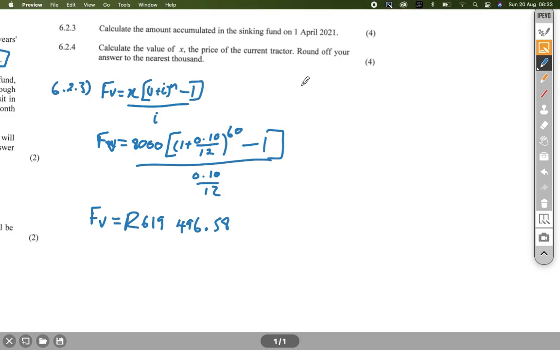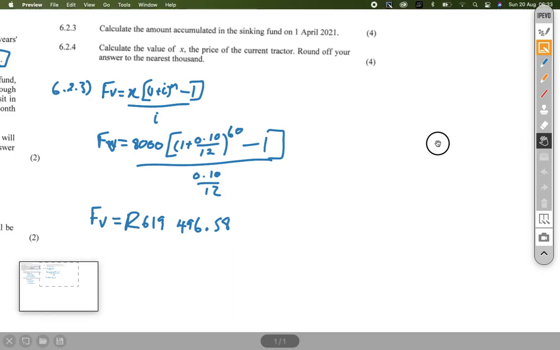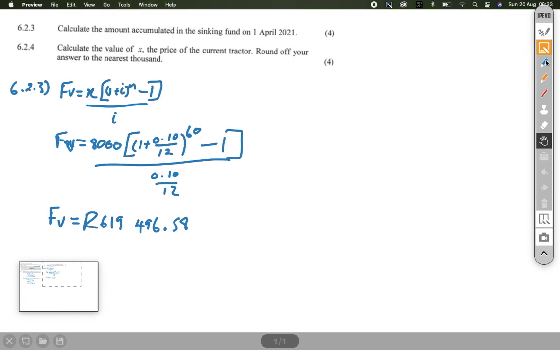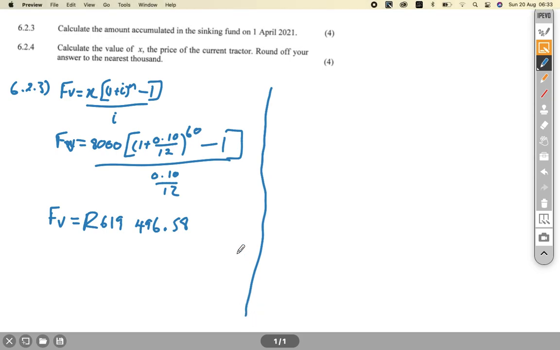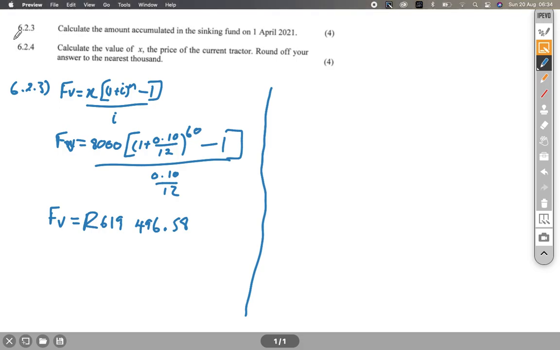Okay, now 6.2.4. Calculate the value of X, the price of the current tractor. Round off your answer to the nearest thousand.